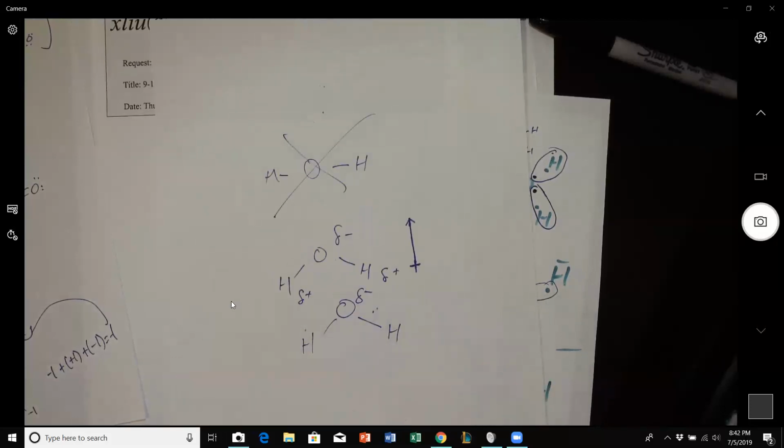But because of this attraction between water molecules, water has a relatively high boiling point. Water is a very small molecule. They shouldn't really stick together compared to other small molecules like methane or ammonia, which are both gases. Water boils at 100 C, which is very high.